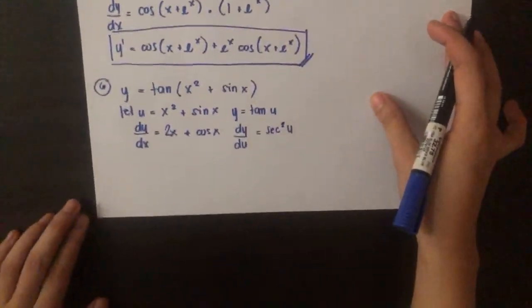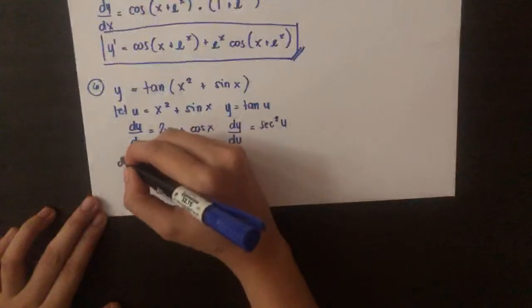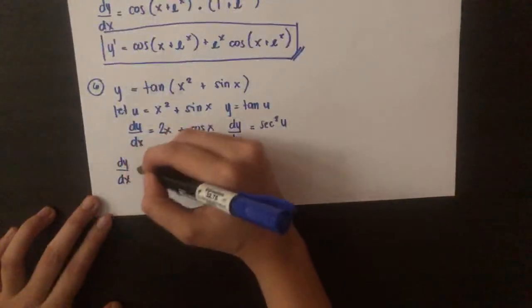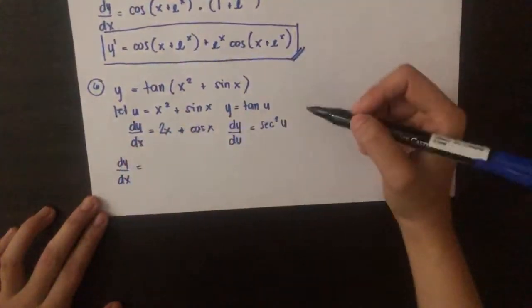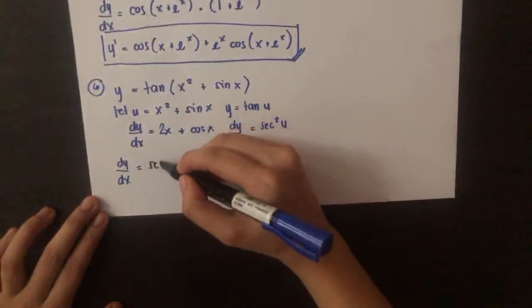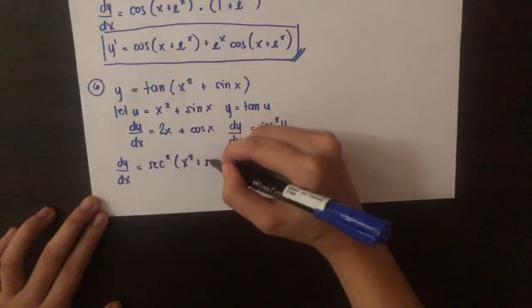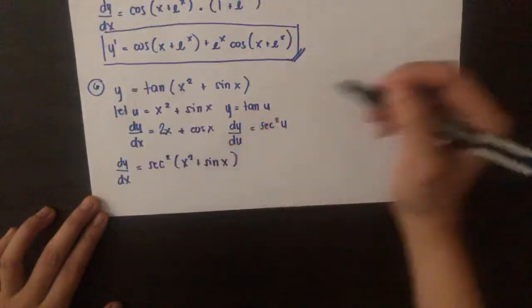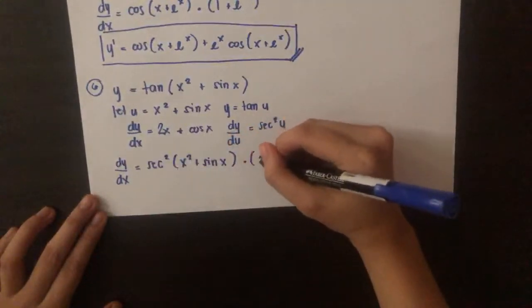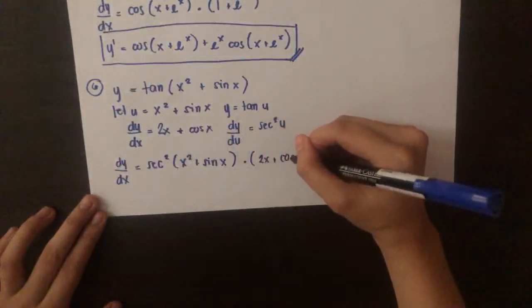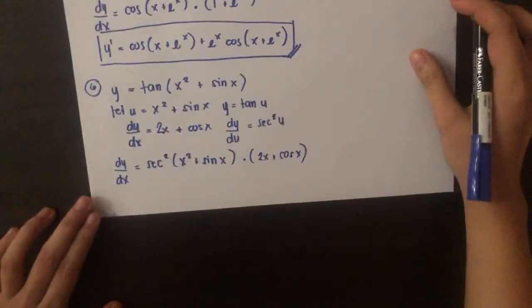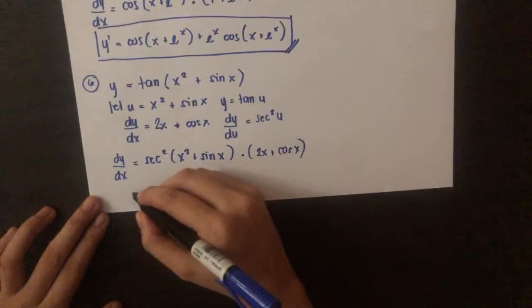Substituting in the formula again, dy over du, which is secant squared of u, so secant squared of (x squared plus sine x), times (2x plus cosine x). Let's simplify.